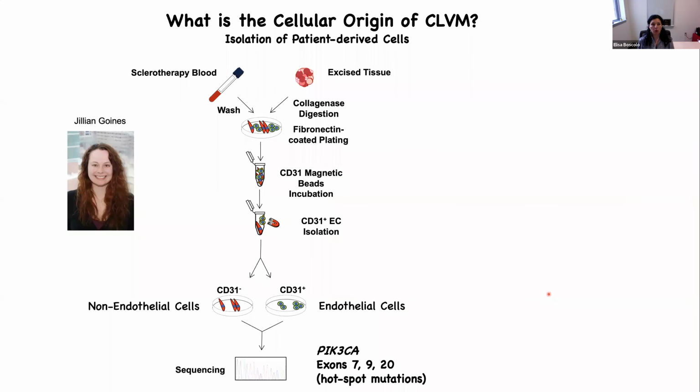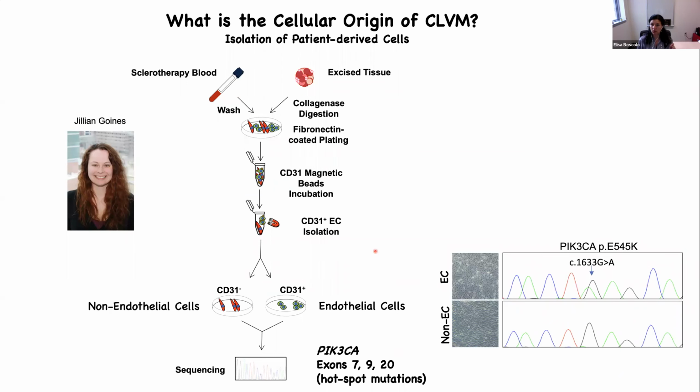And to address this question, Gillian Goins in my lab has devised this protocol to isolate endothelial cells from excised tissue from patients or sclerotherapy, blood or lymphatic fluid. And the cells get plated, and then we do a CD31 immunomagnetic isolation, and we pull down endothelial cells, and we separated them from the non-endothelial, and then we investigated for presence of the PIK3CA mutation.